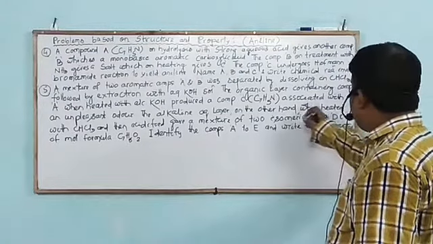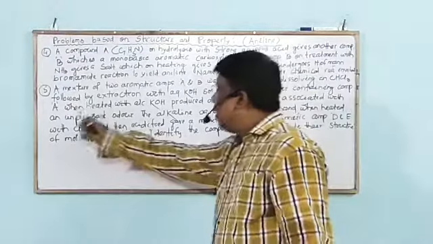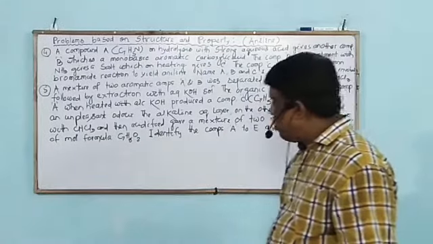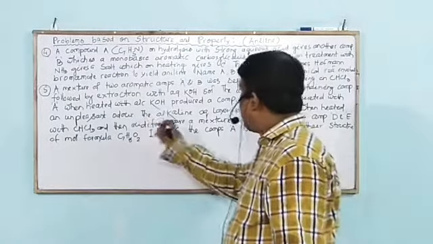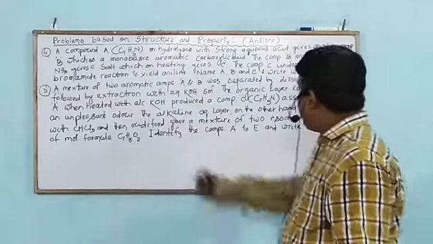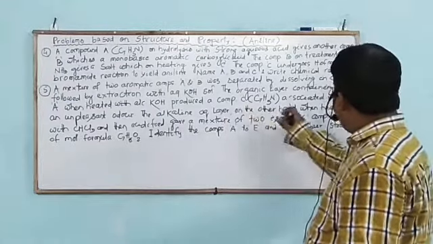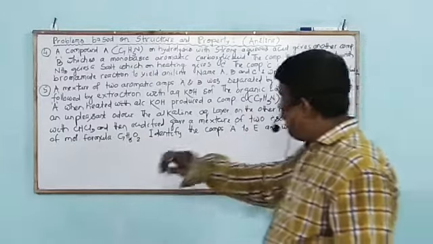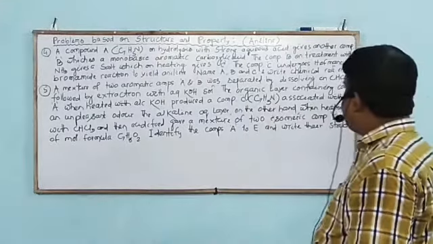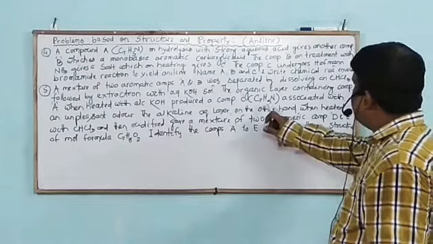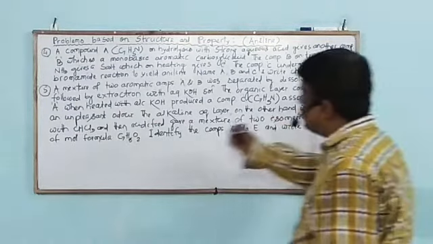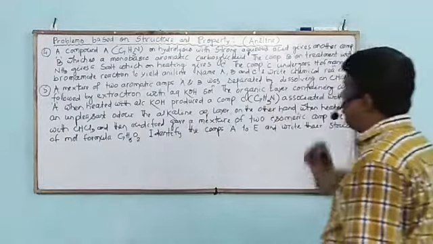The organic layer containing A, when heated with chloroform and alcoholic potash, gives a compound C associated with an unpleasant odor.